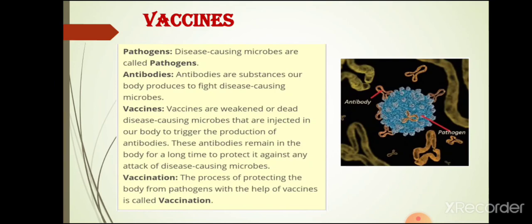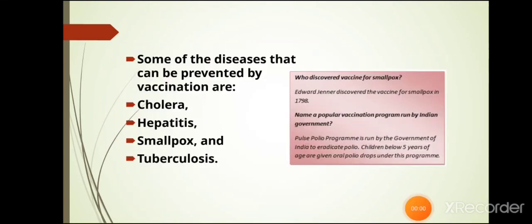The antibodies remain in the body for a long time, as I already explained, and we are protected from the disease causing microorganisms. Here is a list of some diseases which can be prevented by vaccination: cholera, tuberculosis, smallpox, hepatitis.